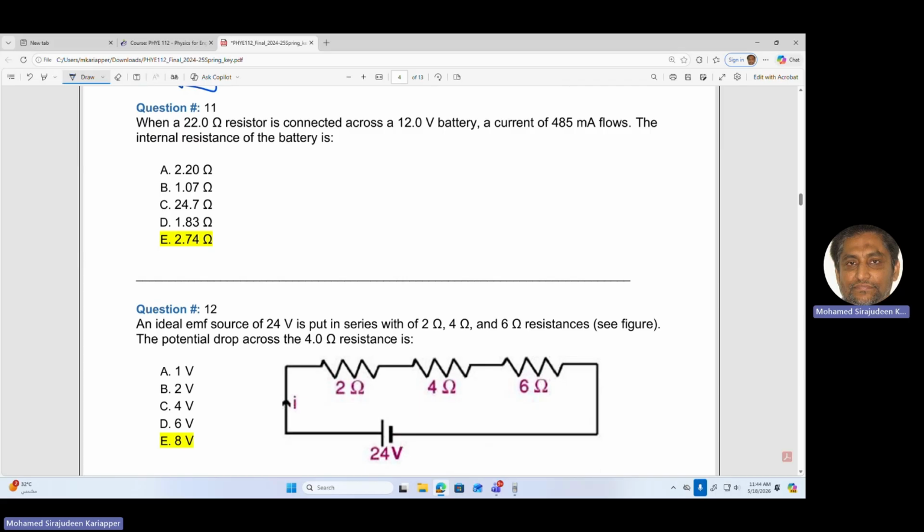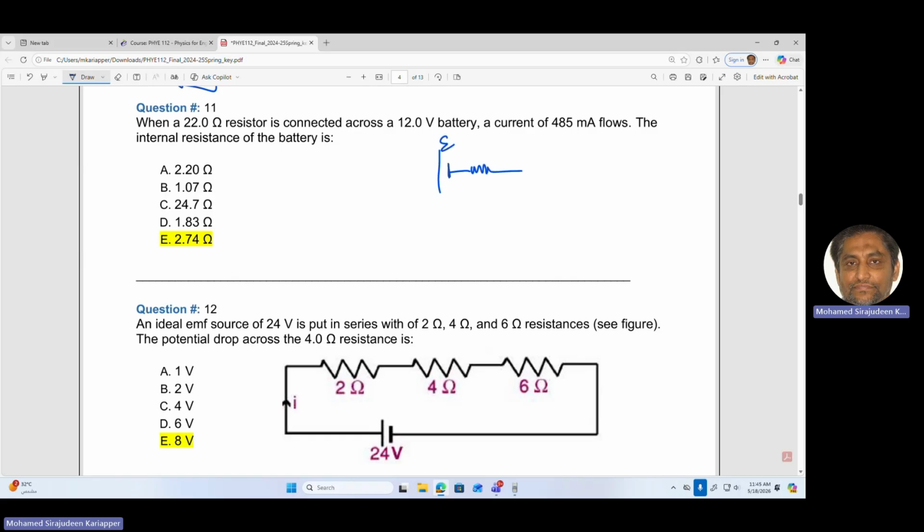Question number 11. When a 22 ohm resistor is connected across a 12-volt battery, a current of 485 milliamperes flows. The internal resistance of the battery is. So a practical battery will have an internal resistance inside it.